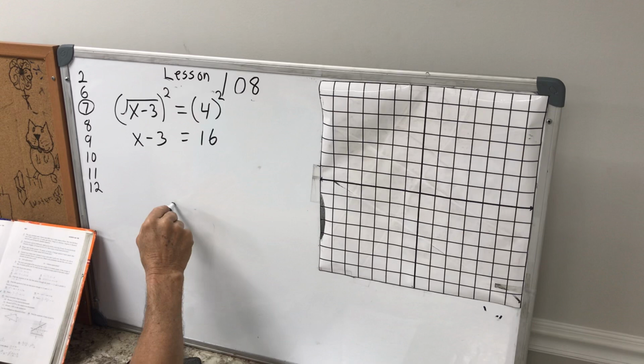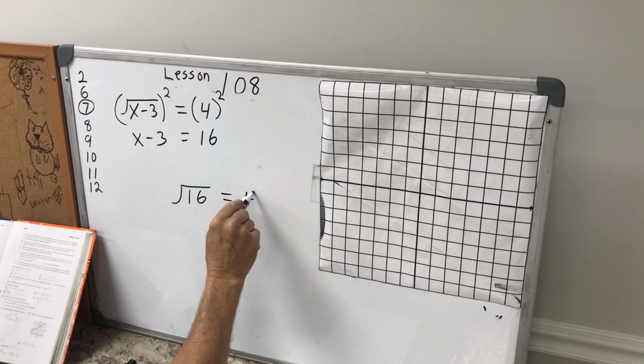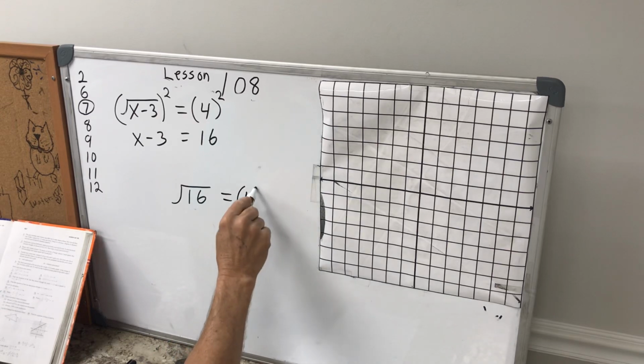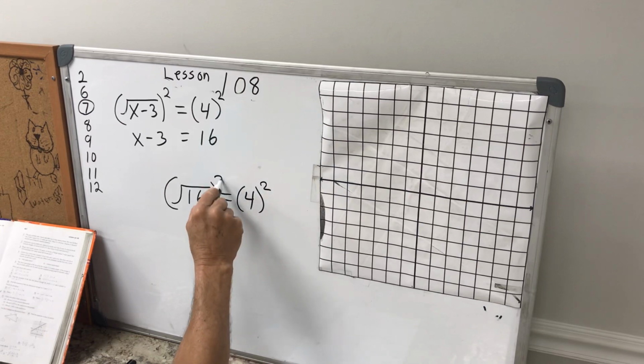If we had the square root of 16 and it equals 4, here's what we're going to do. We're going to square both of those, just like we did up here.